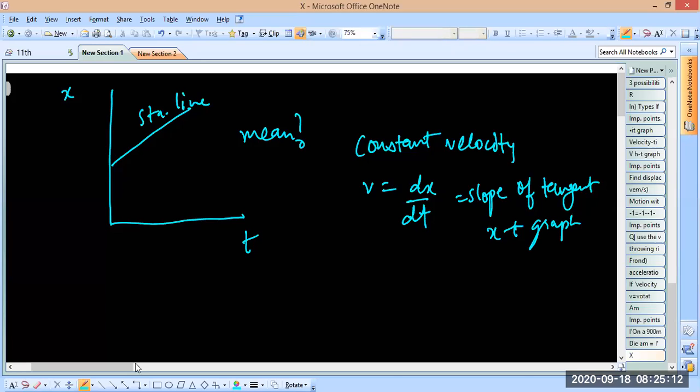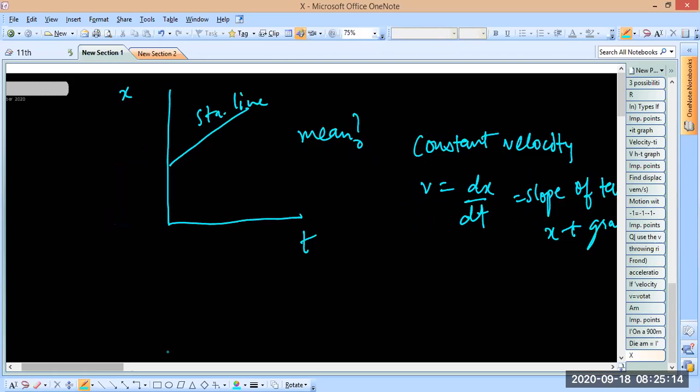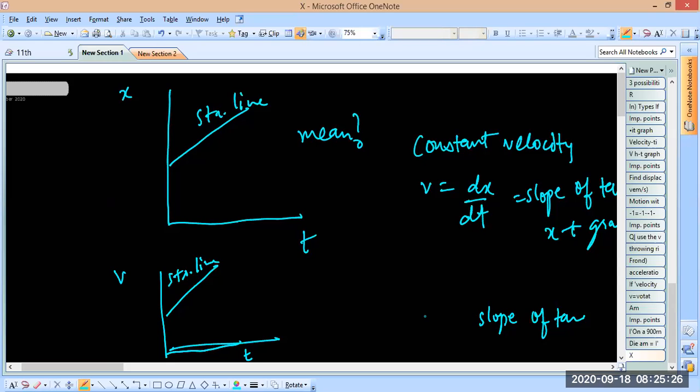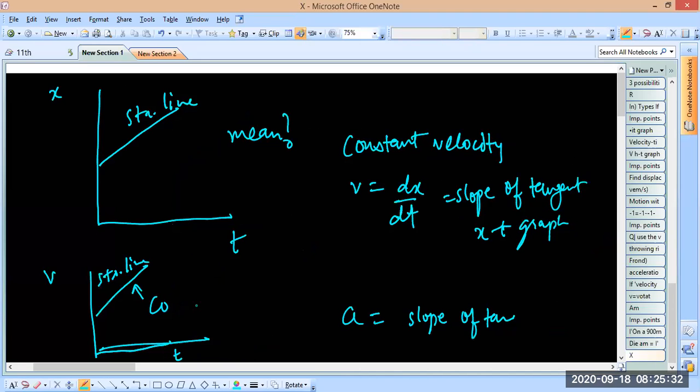Similarly, think about VT graph. Suppose there is a VT graph, and that VT graph is a straight line. So just like here, slope of tangent is velocity, similarly in this case, slope of tangent is acceleration, right? So this has a constant slope, because it's a straight line, it's not curved.